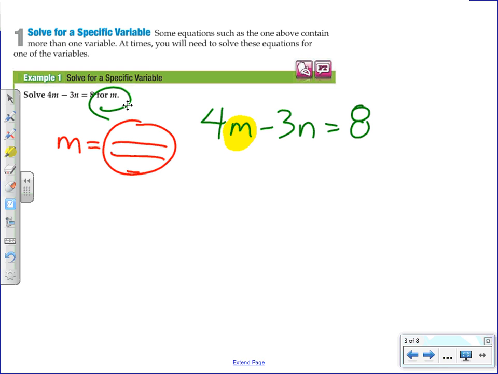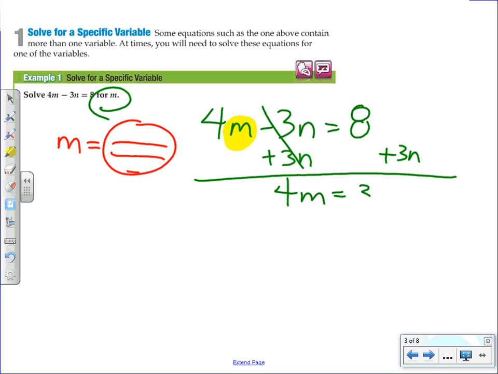So here we go. Let's add 3n to both sides. And we get 4m equals 3n plus 8. I always like to put my variables before my whole numbers. And I still need to get the m alone, right? Here's my m still hanging out here. So I'm going to divide this entire thing by 4.